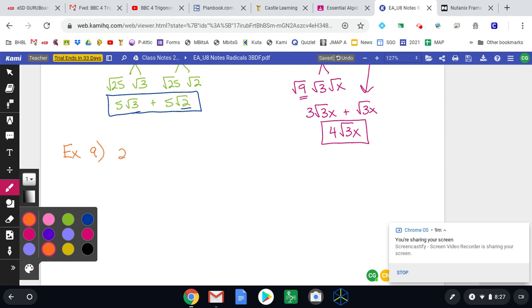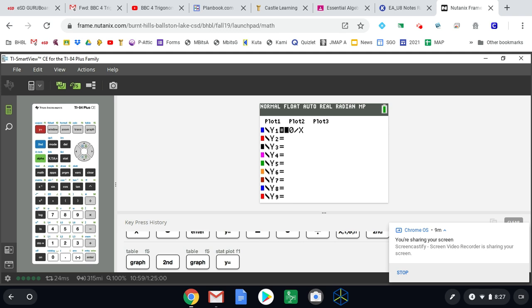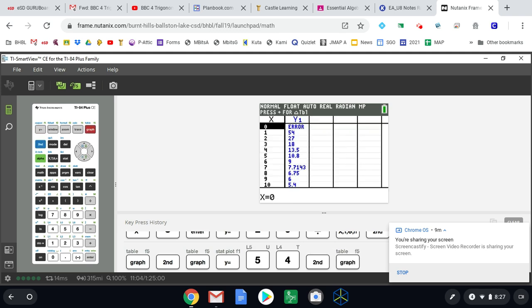Let's say I have 2 radical 6 minus 3 radical 54. All right, so 6 doesn't have any perfect squares in it, so that's in the simplest radical form already. Thinking about this 54, if you're not sure about factors of 54, go to y equals. We'll do 54 divided by x. Take a look at the table.